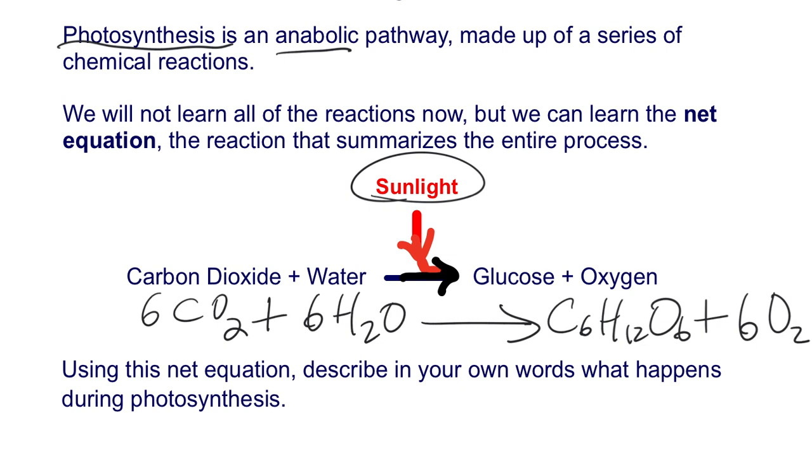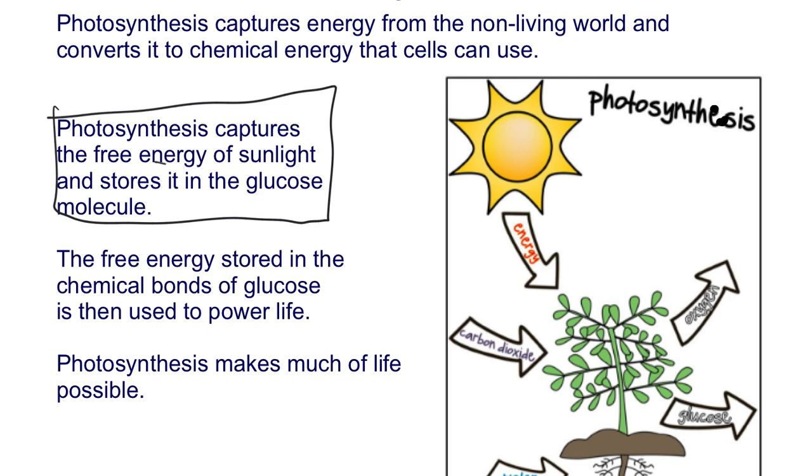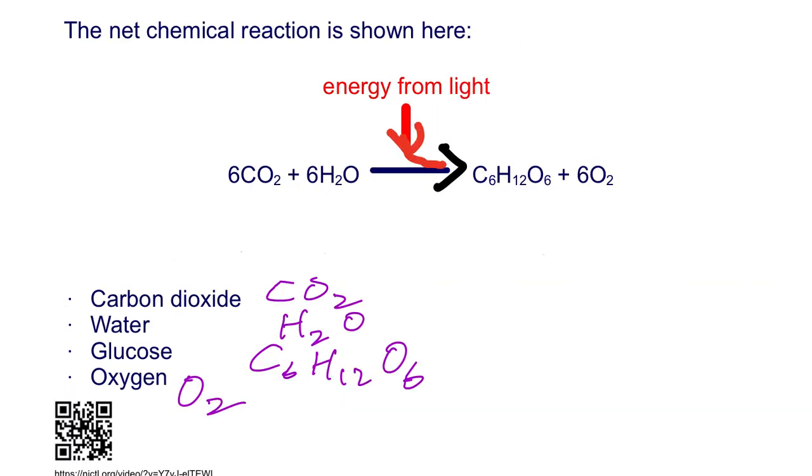So that's overall the net equation for photosynthesis. So basically, photosynthesis captures the energy of the sunlight and stores it in the chemical bonds in the glucose molecule, which it builds with that energy. You should really memorize this equation or recognize it on a test.